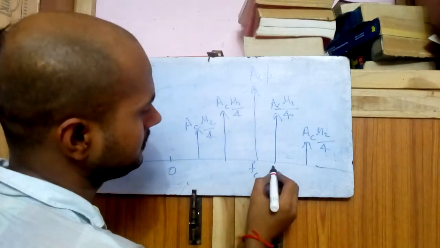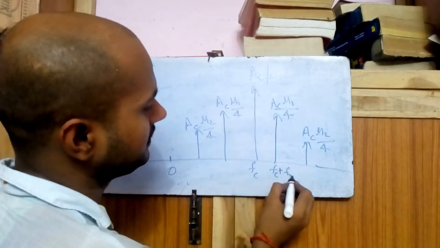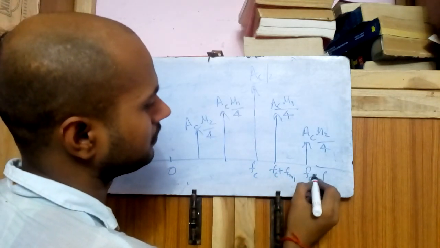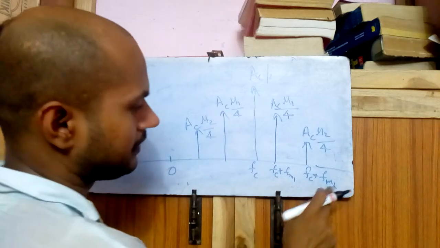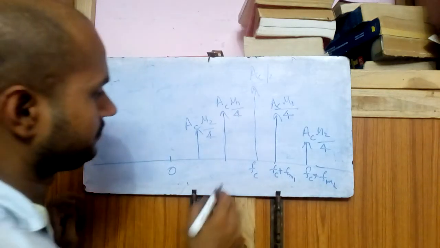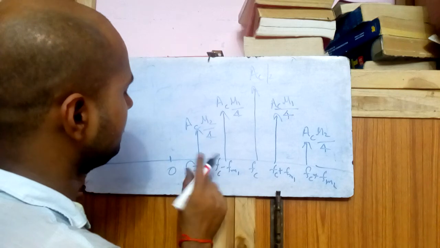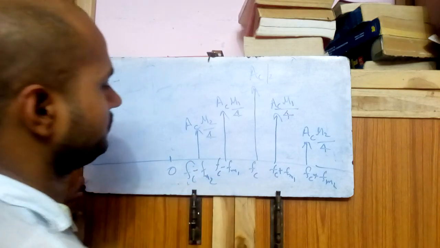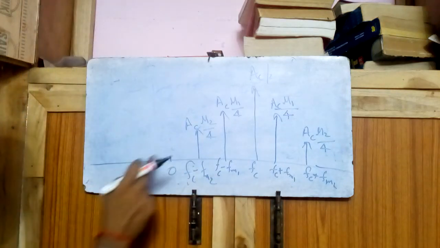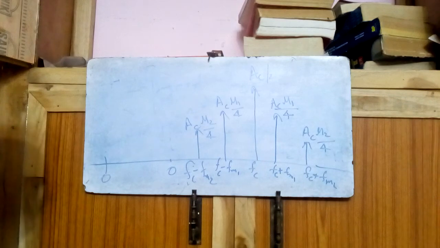This is plus fc, fc plus fm1, fc plus fm2, where fm2 is greater than fm1, and fc minus fm1 and fc minus fm2. And the same will be in the negative region, right?